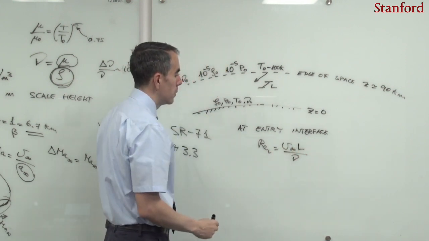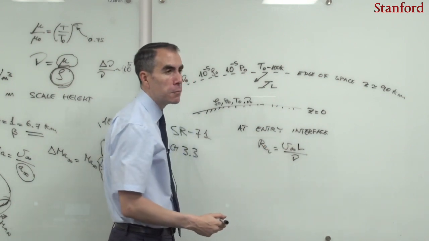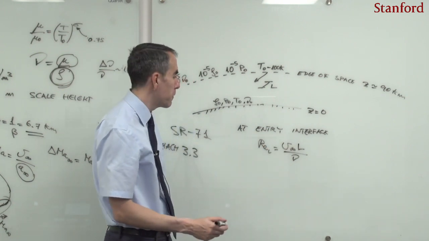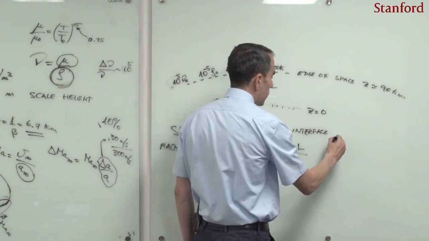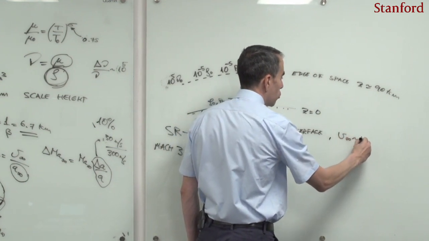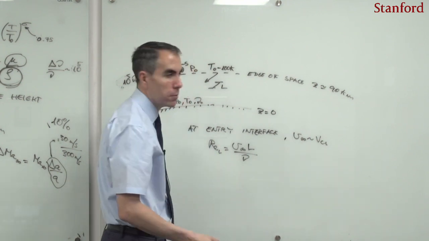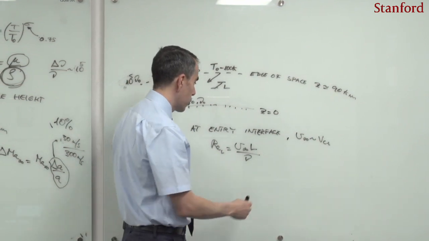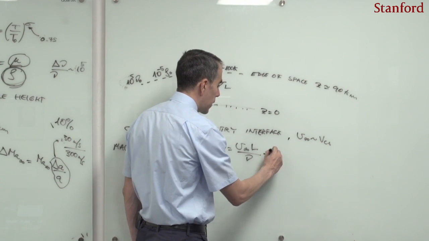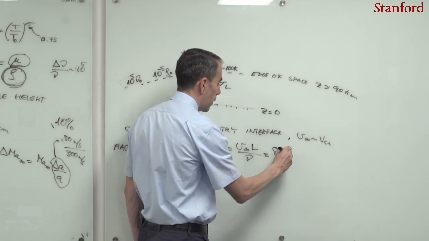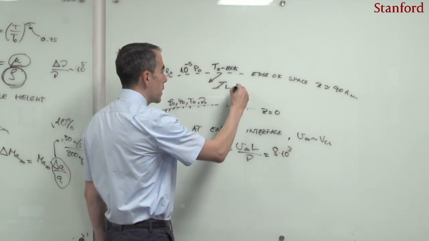So let's say that this thing is re-entering at speeds that are close to the first cosmic velocity. So U infinity will be perhaps close to the first cosmic velocity, which is about 8 kilometers per second. So let's say that this is 8 kilometers per second for the velocity. Let's assume that this length is about 1 meter.